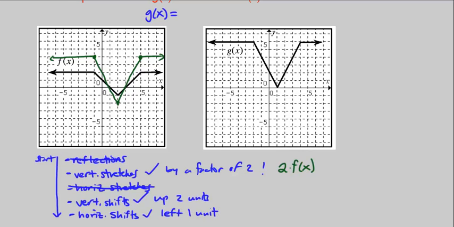So let's write this down. The equation for up 2 units is just going to take f of x, right? So let's start with 2 times f of x. And if we go up 2 units, that's just going to add 2 outside the parentheses. Left 1 unit, we're going to start with what we have up here.